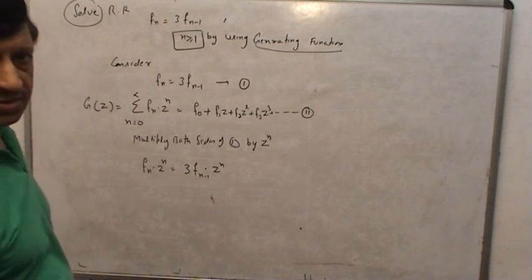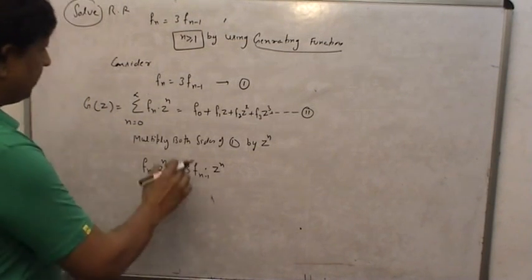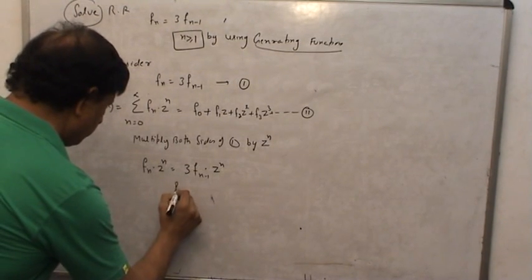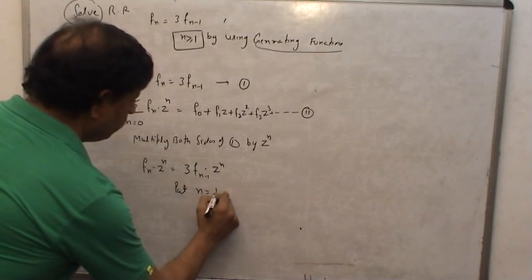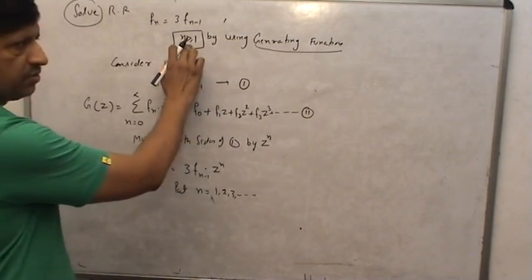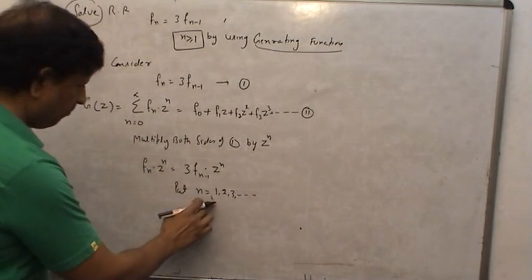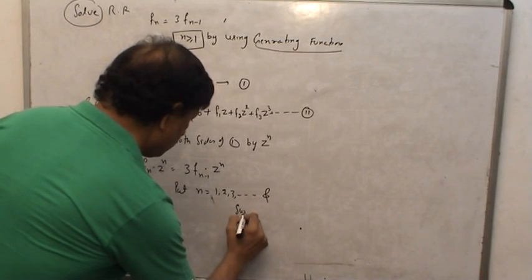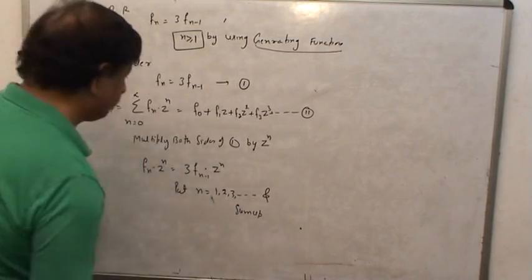Then we select the value of n from the given restrictions. We put n is equal to 1, 2, 3 and so on, and sum up.